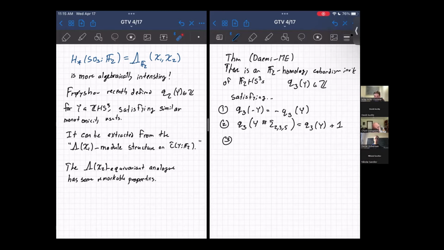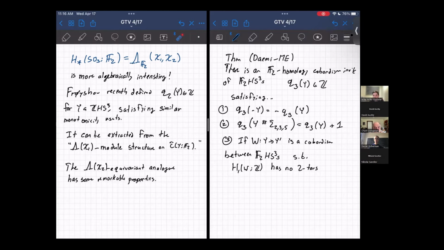Finally, the most interesting property here is that if we have a cobordism between F2 homology spheres, so that the first homology of W has no two torsion.